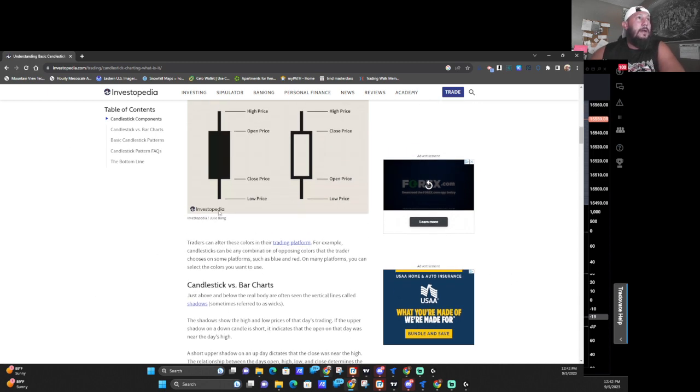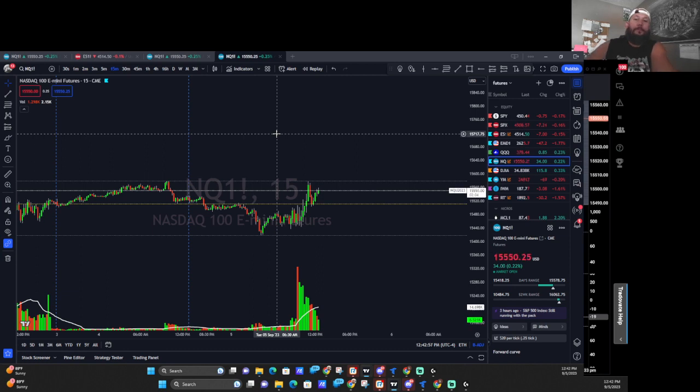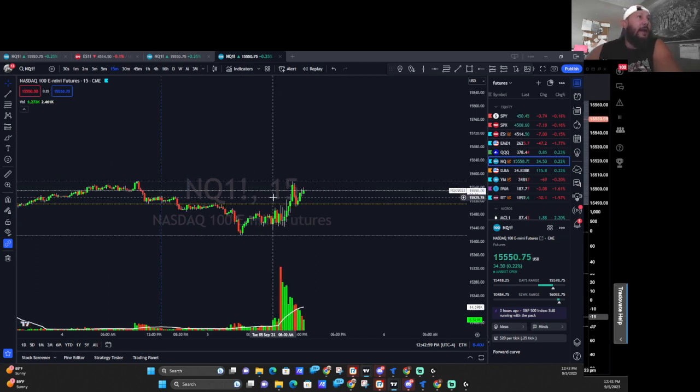Okay, so now that we went over candlesticks, right? Let's go to a chart. All right, so right now you're looking at the 15-minute chart for NQ, which is the futures mini NASDAQ that I trade.